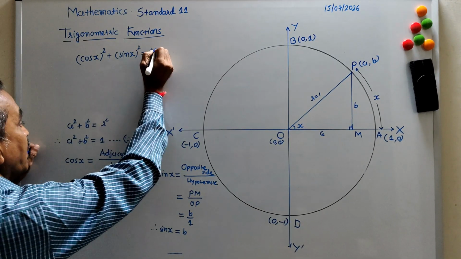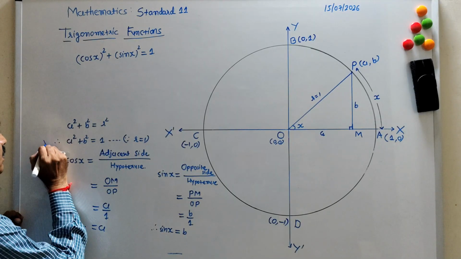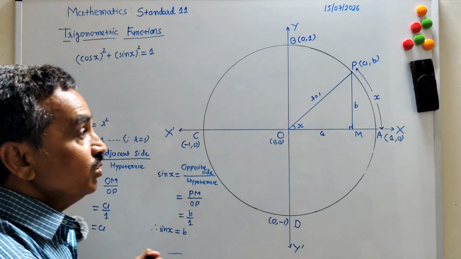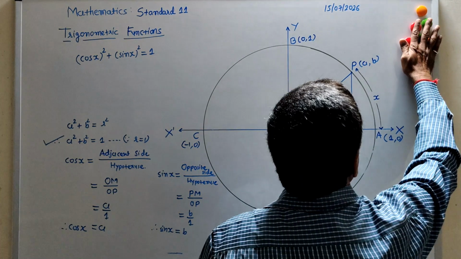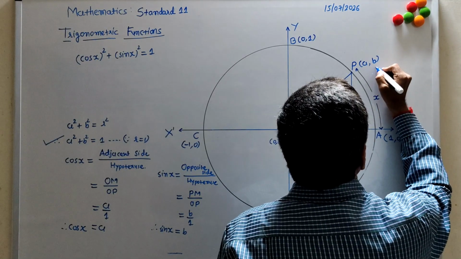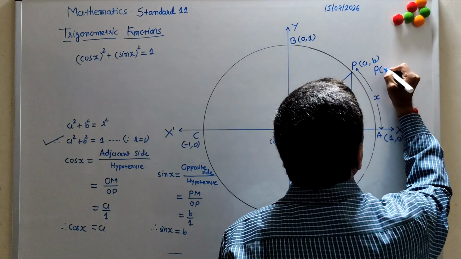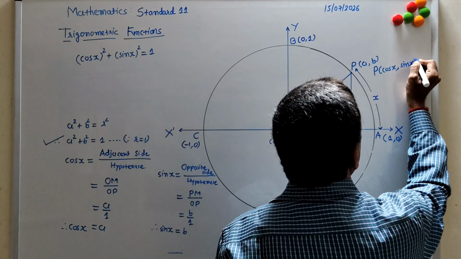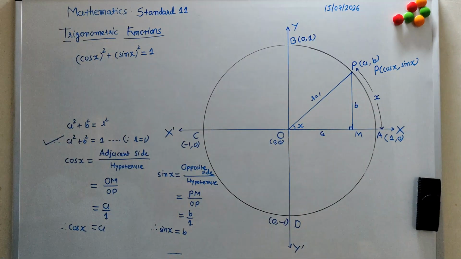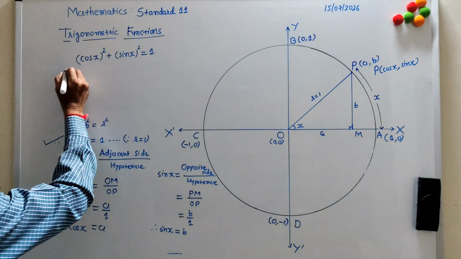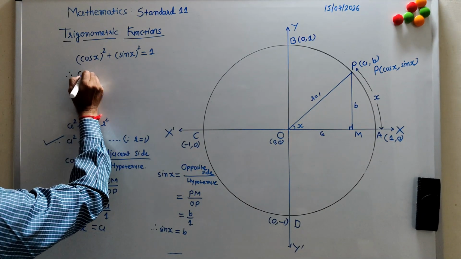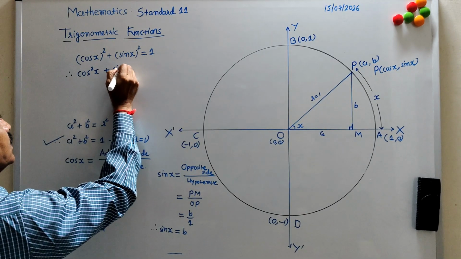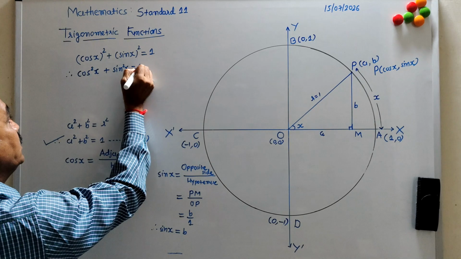We can write from this equation of Pythagoras that the P coordinates are cos x and sin x, and we can write cos square x plus sin square x is equal to 1.